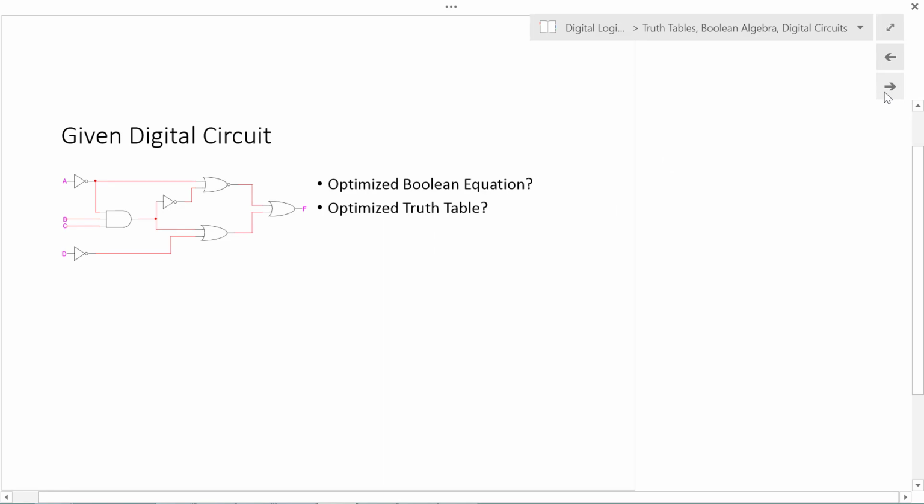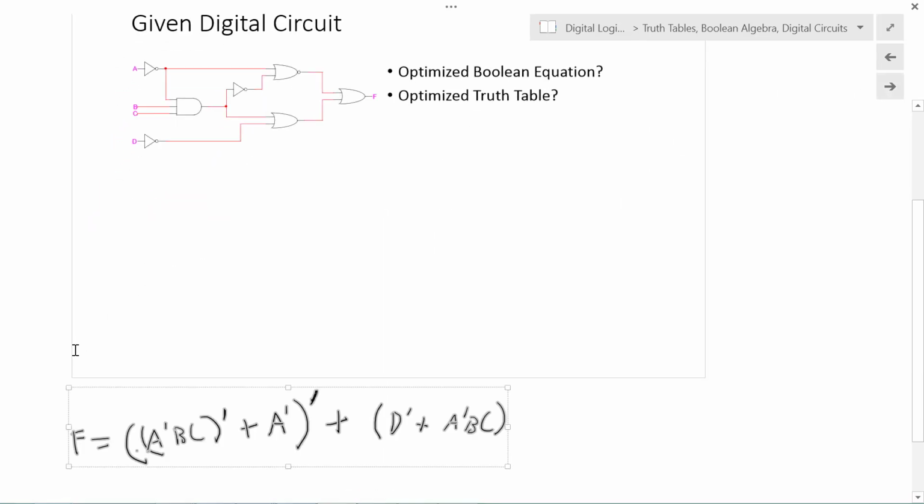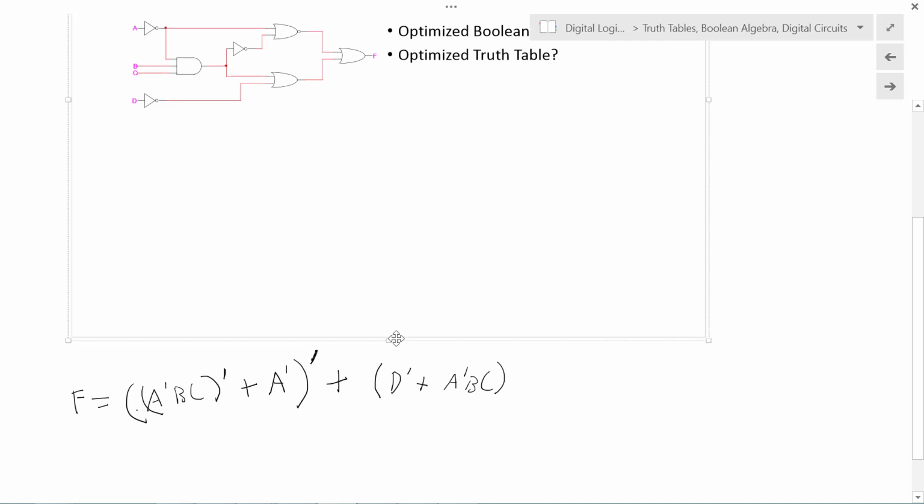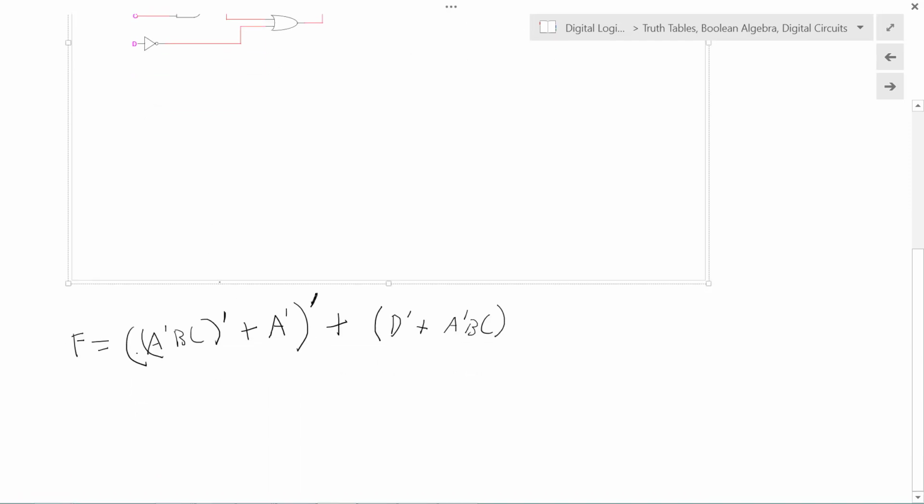So what does the optimal Boolean equation look like? Well, let's place this equation here, and let's look at the Boolean equation. Looking closely here, we know that this prime can be distributed using De Morgan's law. So let's do that.